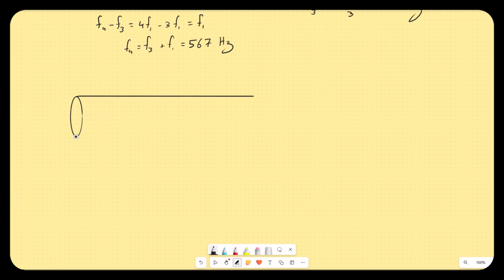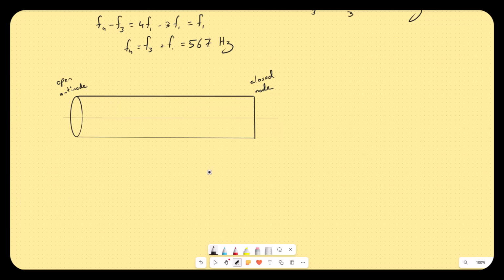I'll keep this tube as being 1.2 meters long. But now there's a cap on the end. This side is open, so I'm going to need an antinode. This end is closed, so I'm going to need a node. And I'll draw that resting line down the middle.